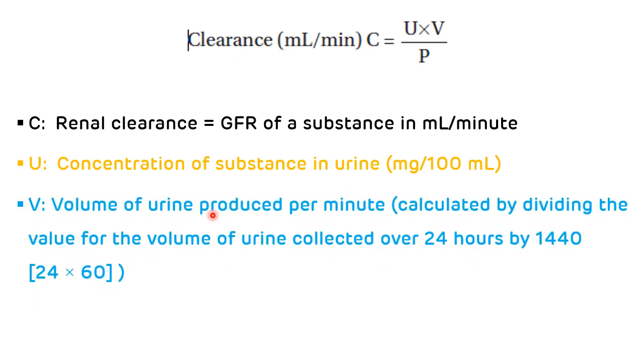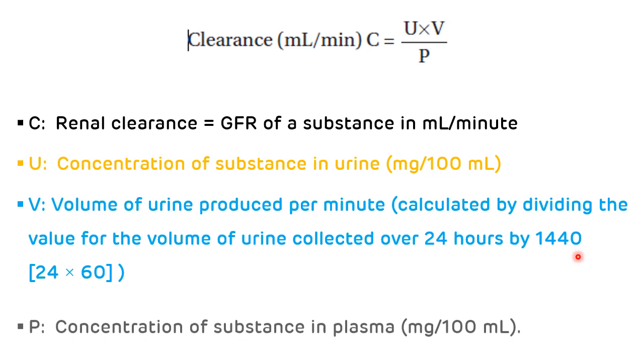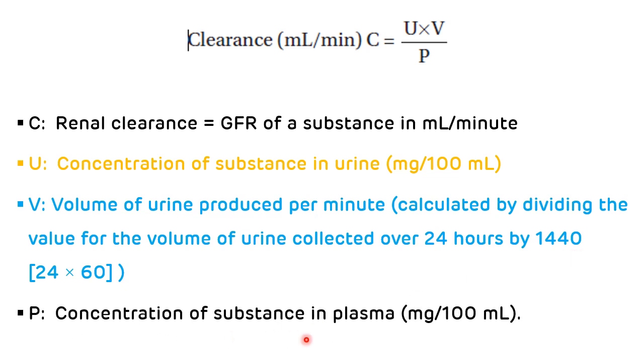V stands for volume of urine produced per minute, which can be calculated by dividing the volume of urine collected over 24 hours by 1440. And P stands for concentration of the substance in plasma, again in milligram per 100 ml. This is the formula for clearance, that is U multiplied by V divided by P.